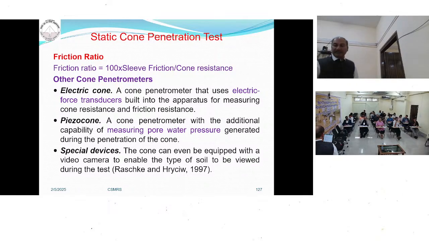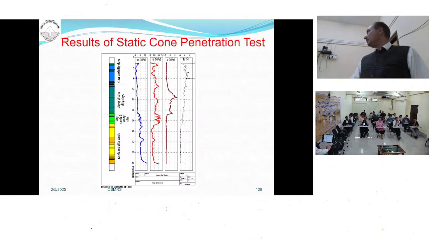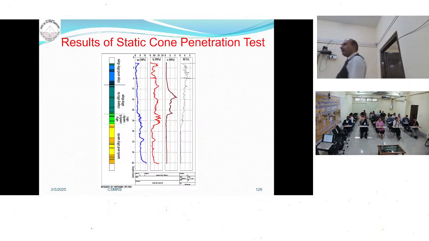This is the picture of the results. We draw the curve: this is the cone resistance, this is my friction resistance, and this is the pore pressure. Depending upon the cone resistance and the friction resistance, we can get an idea of what kind of strata is there, because in this case also we are not getting any sample.